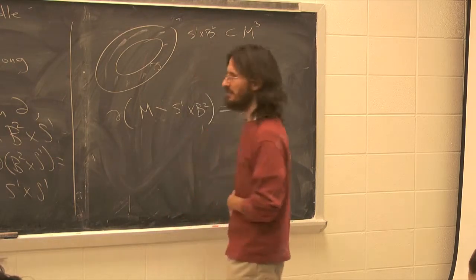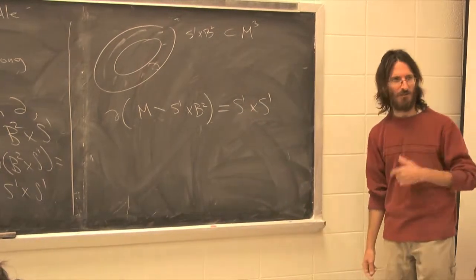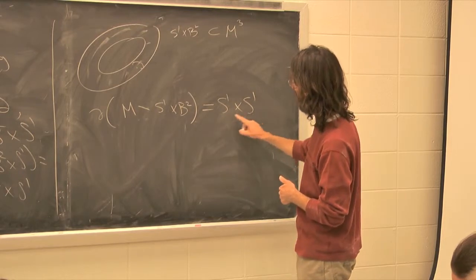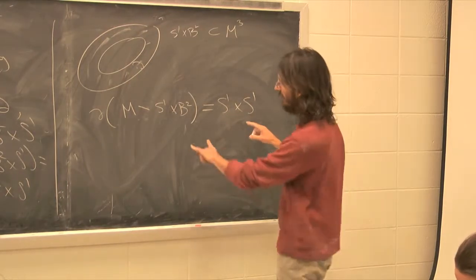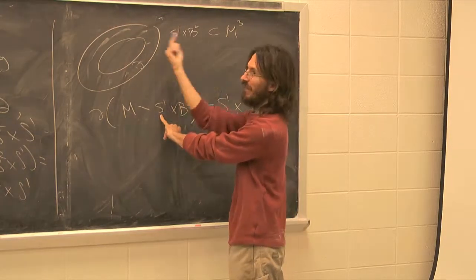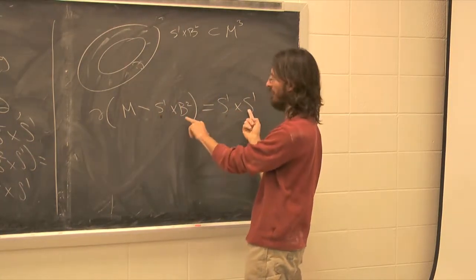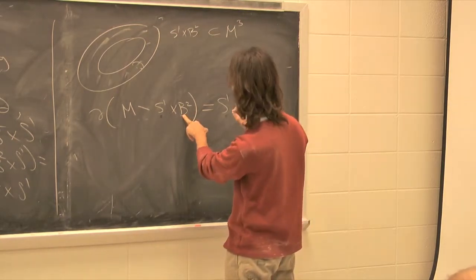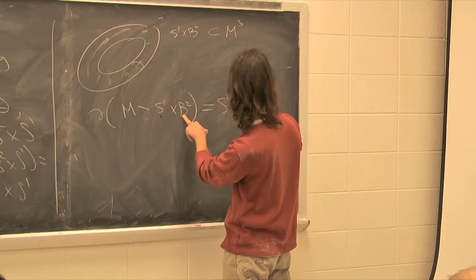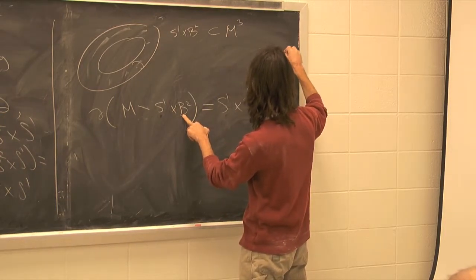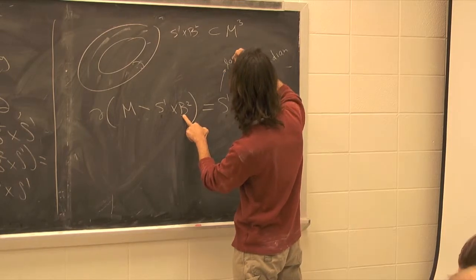But remember, S1 cross S1 has many diffeomorphisms to itself that can be different. So in order to remember how it's equal to S1 cross S1, let's remember which this S1 factor is the original around S1, and this S1 factor is what bounded with B2, okay? So we will call these, this is going to be called meridian, and this is going to be called longitude.